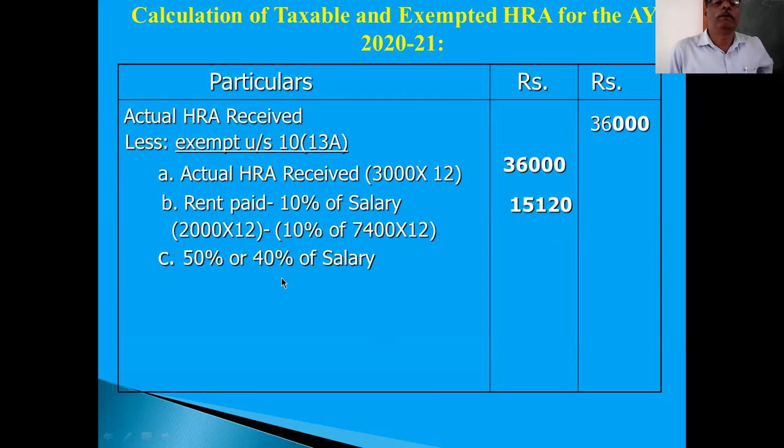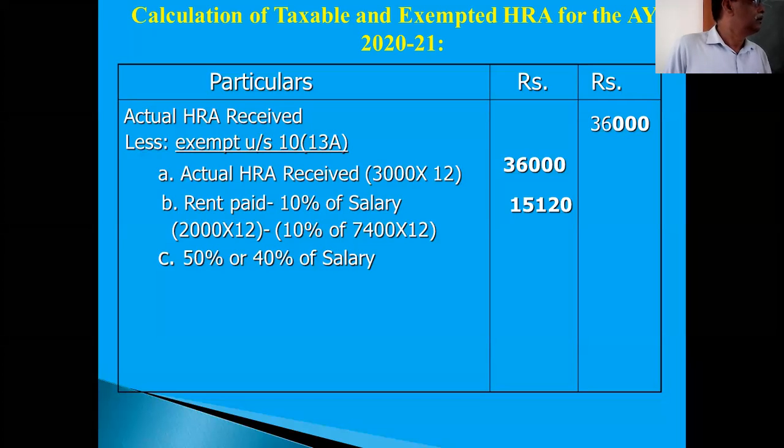Then next is 50% or 40% of salary. 50% salary you have to take for 4 cities. Delhi, Madras, what are those 4 cities?